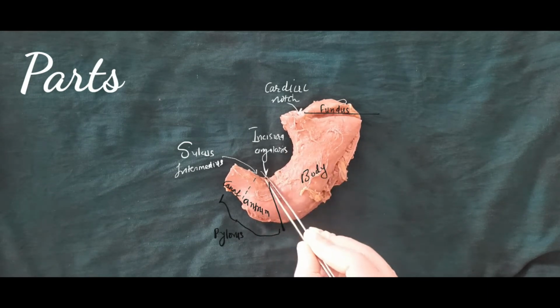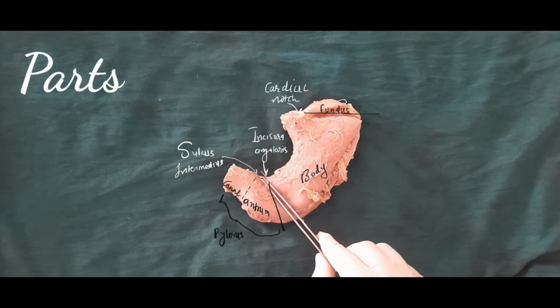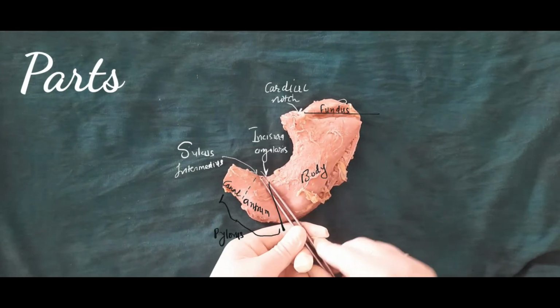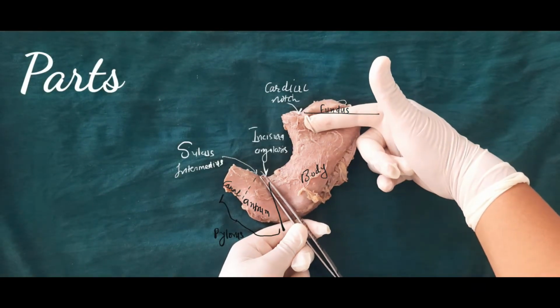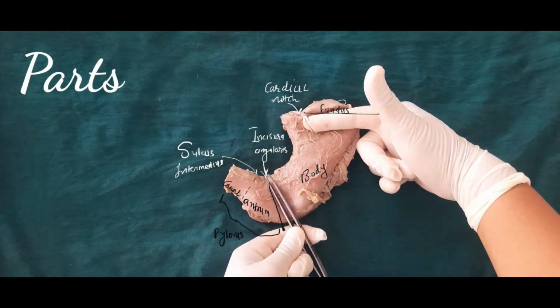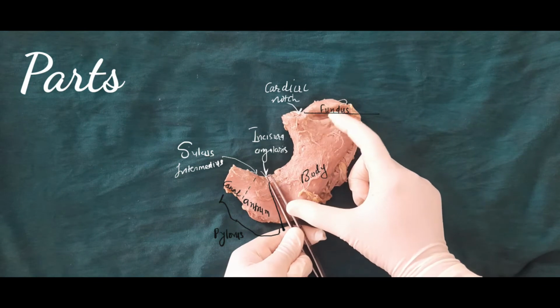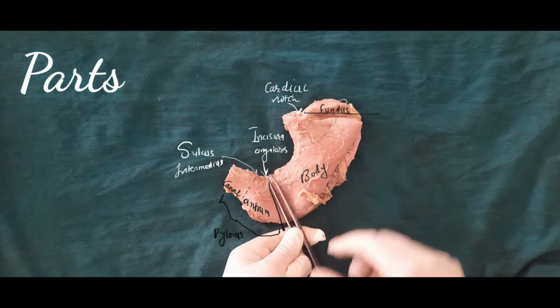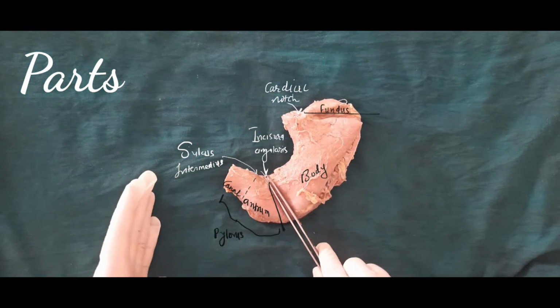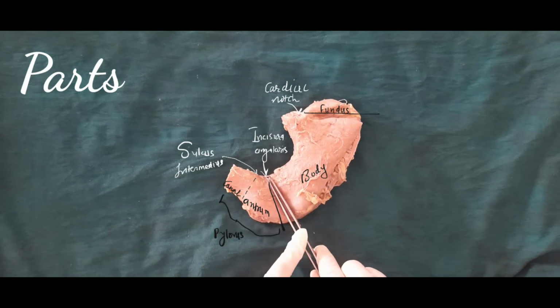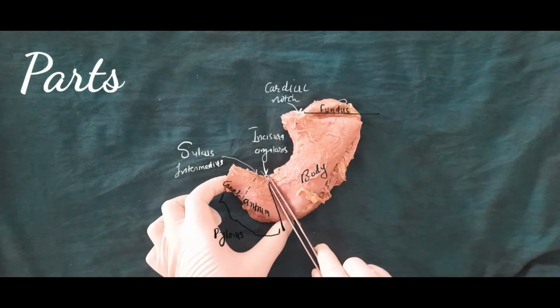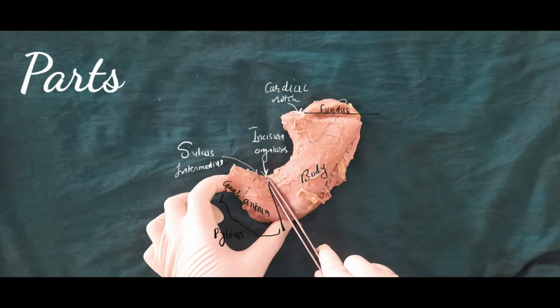When you draw an imaginary line passing downward and towards the left, the part of the stomach present between these two horizontal lines, from the cardiac notch and from the incisura angularis, is known as the body of the stomach. Just right to this imaginary line, this part is known as the pylorus of the stomach.